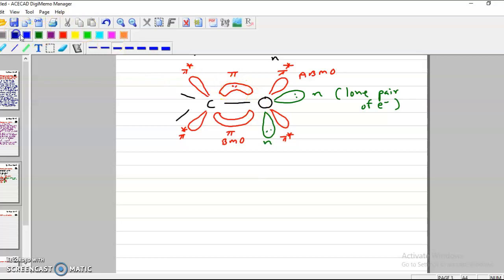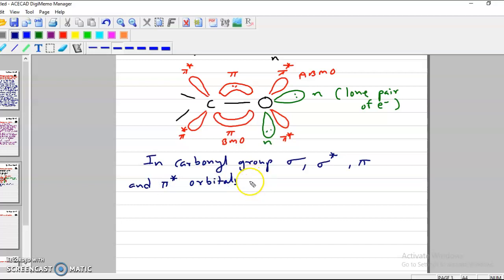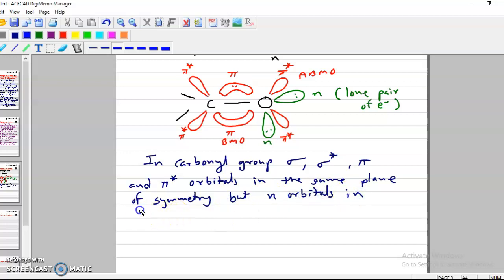Now, in the carbonyl group, we have sigma, sigma star, pi, and pi star orbitals in the same plane, but n orbitals in a different plane.